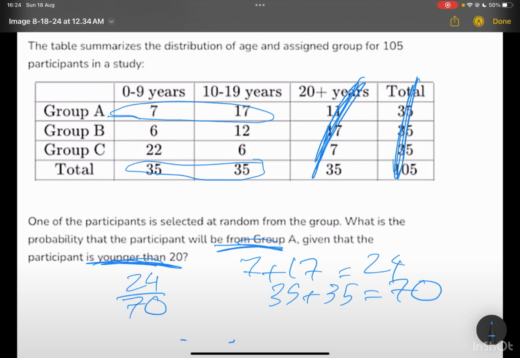So in the SAT, we will need to make that smaller. So 24 over 70 is going to be 12 over 35, or 0.343. You can write either way, it's okay, but the SAT is going to require a shortened answer.